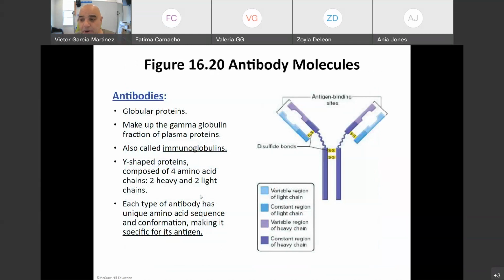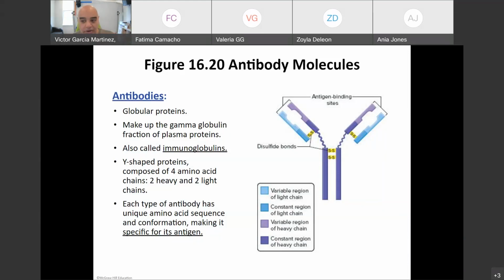Guys, the last part of the session is going to be about antibodies. And we're going to talk about antibodies now. If you remember, I told you our blood is divided into elements: red blood cells, white blood cells, platelets, and the liquid part or fluid part.